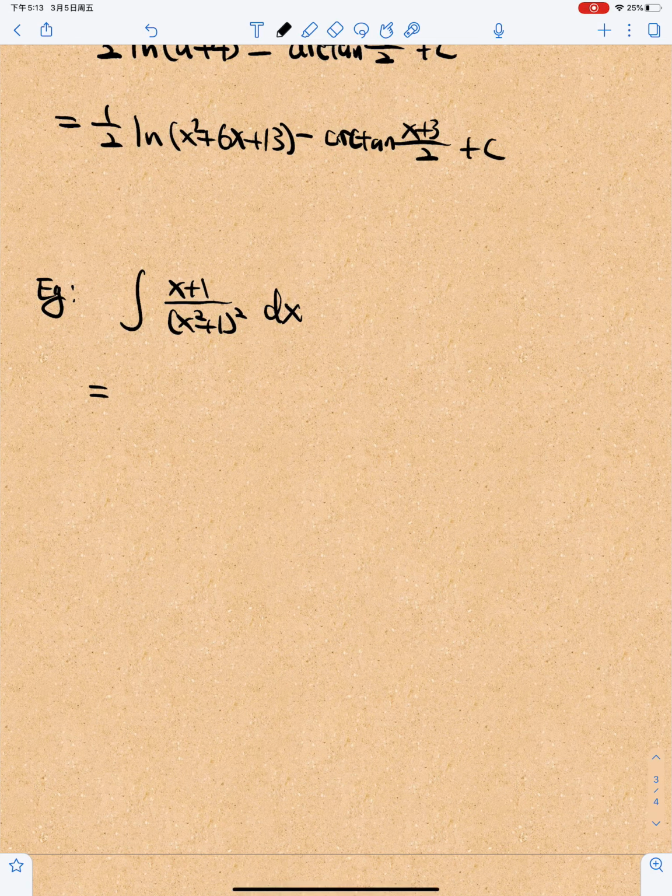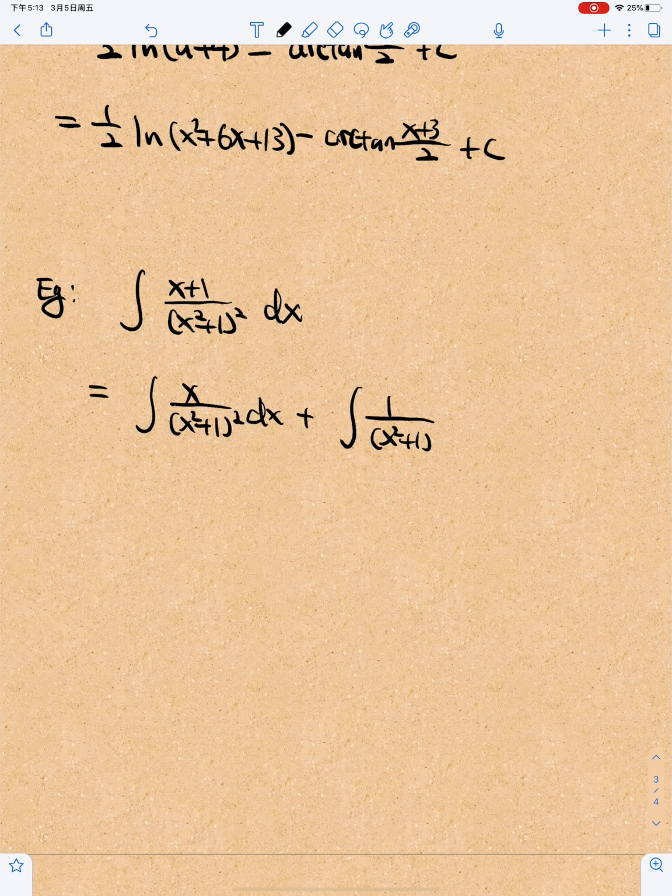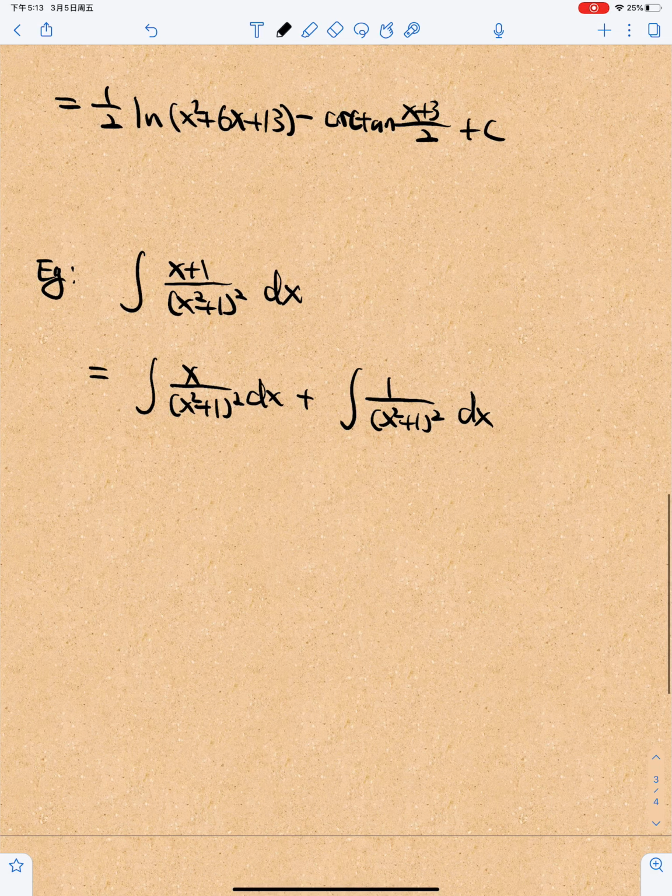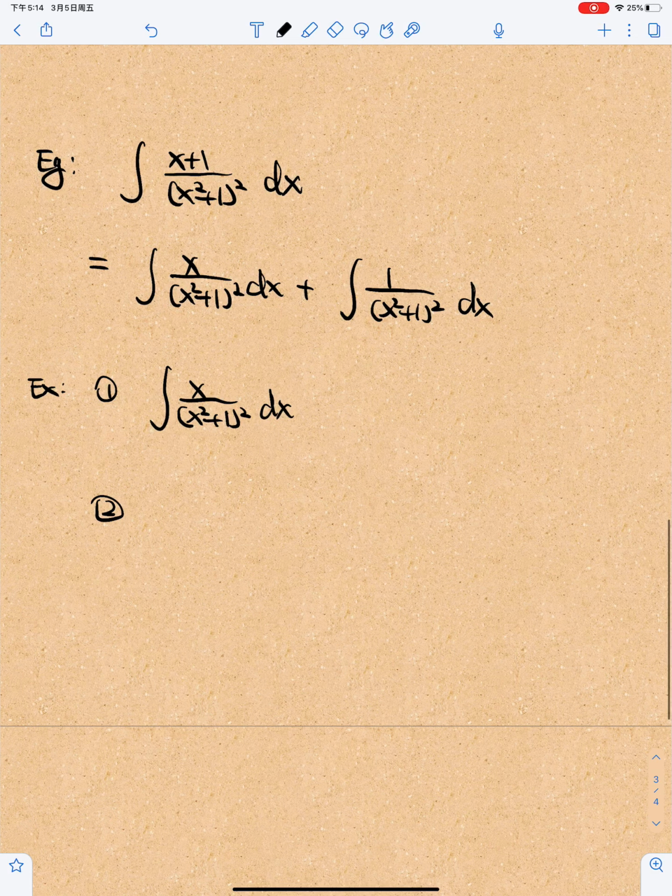The way you do this is to separate that into two parts: x over (x squared plus 1) squared dx, and also 1 over (x squared plus 1) squared dx. So the first part of the exercise is just to solve the first part of the integral, and the second part of the exercise is to solve the second part.